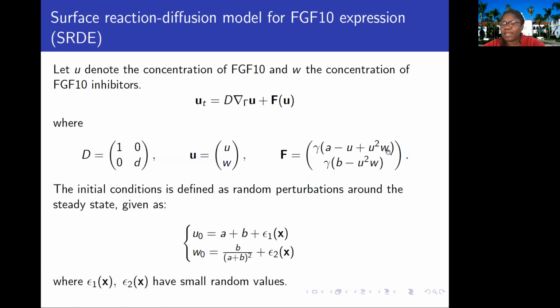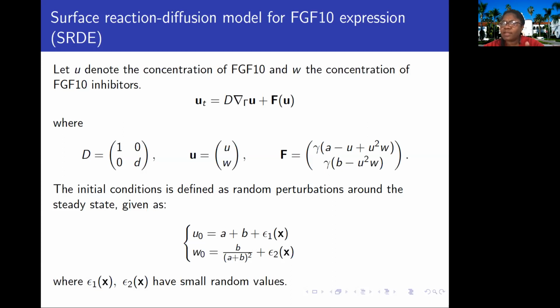So this U squared W describes the interaction between FGF10 and the inhibitor. Could you have just taken U and U times W and a square Y? The reason why it's squared is that it describes the molecular interaction. This is a very specific type of molecular reaction that is being described by the Schnakenberg model. That's the assumption that we are building into the model.